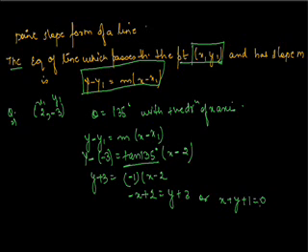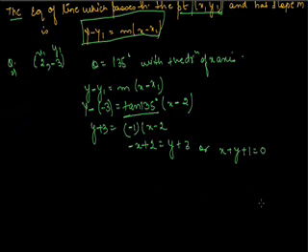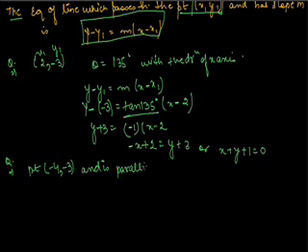So the next question is: determine the equation of a line which passes through the point (-4, -3) and is parallel to the x-axis. How will I do it?